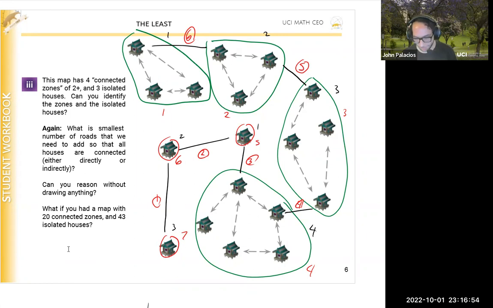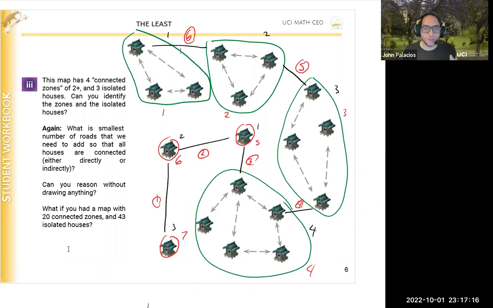And then now we could ask them about the slightly more complicated problem of what if you had a map with 20 connected zones or 20 neighborhoods and 43 isolated houses? How many roads would you need, or what's the minimum number of roads you would need in order to connect all those houses?